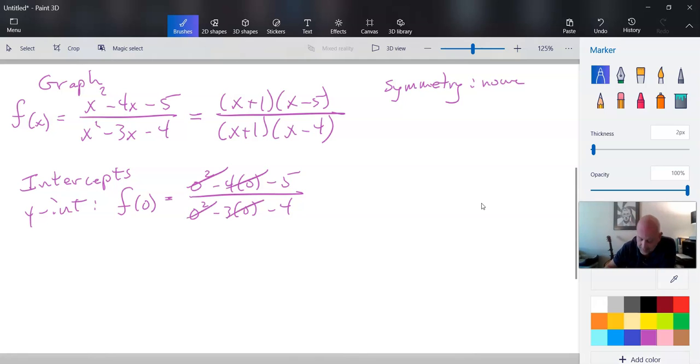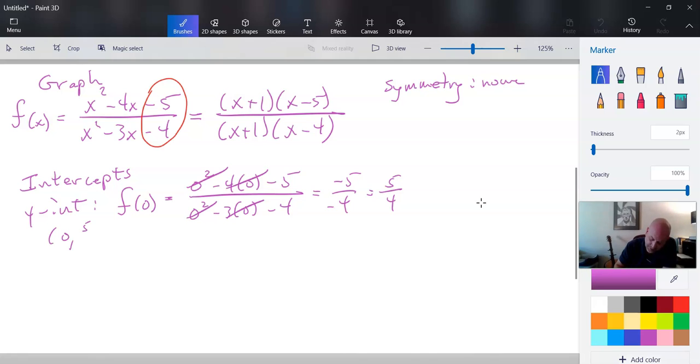If you want the y-intercept of one of these rational expressions and you have everything multiplied out, that's your y-intercept. It's negative 5 over negative 4, which is positive 5/4. So I have a y-intercept at 0, 5/4, which is just a little bit more than 1.